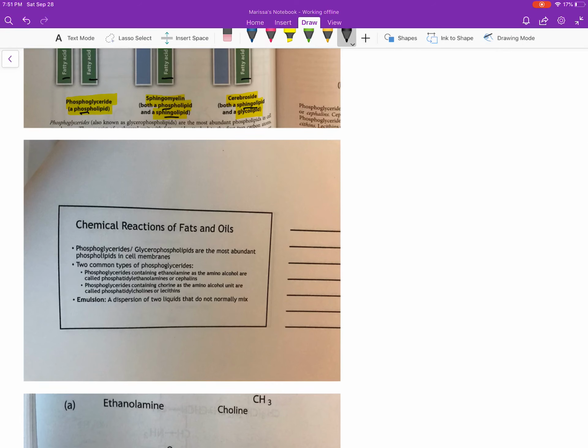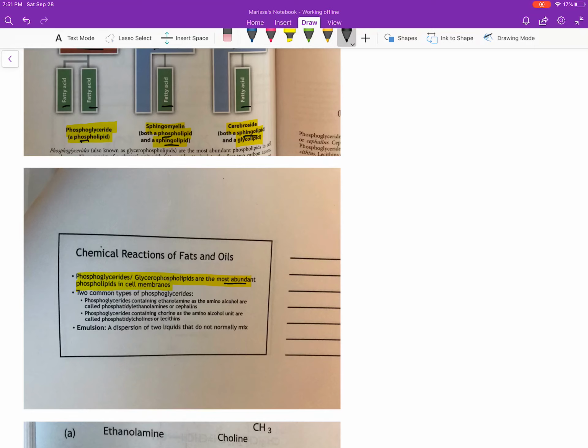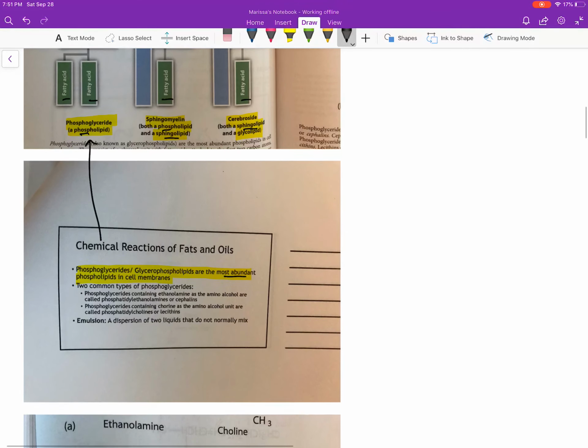All right, so phosphoglycerides, or glyceryl phospholipids, are the most abundant phospholipids in the cell membrane. Okay, so if we look back up here, that's this kind right here. There are two types of them that are common.